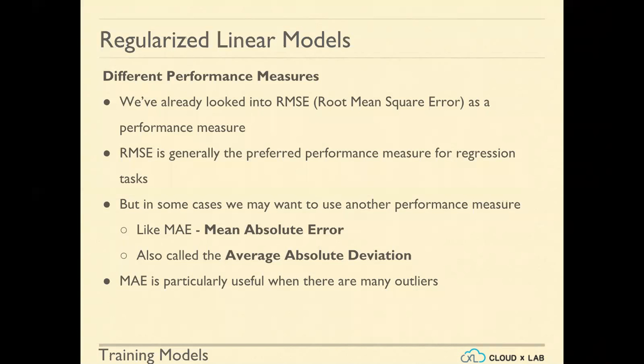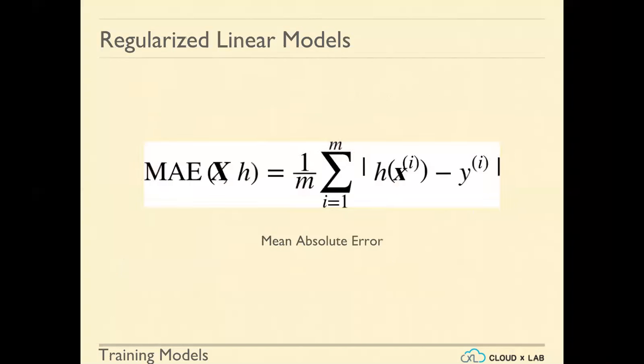It's nothing but mod. So mean absolute error is particularly useful when there are many outliers. This is the formula for the mean absolute error.